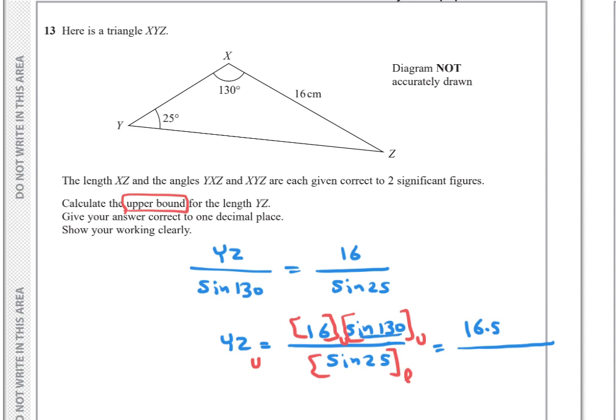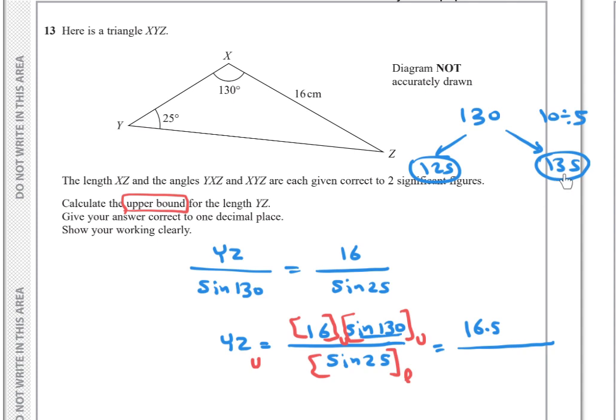For 130 to two significant figures, the second digit is the tens digit, so this means to the nearest 10. So 10 divided by 2 is 5. For 130, if you add 5, you get 135. If you subtract, you get 125. So this is the upper and this is the lower for 130.